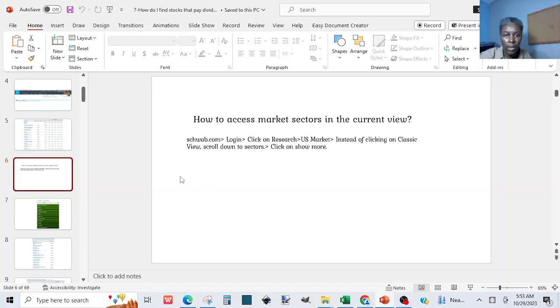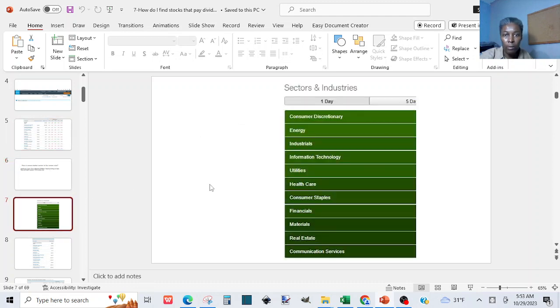You scroll down to sector and click on show more, and you will be able to see them, and you will click on the one you want to work on.